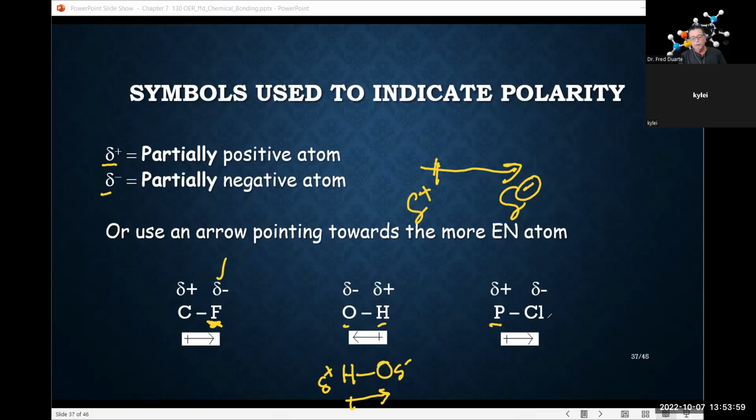Again, with the phosphorus chloride, find their position, and you will find that chlorine is right below fluorine. Phosphorus and chlorine are in the same period, but chlorine is right below fluorine, so it's a lot more electronegative than the phosphorus, and therefore the arrow goes from left to right.